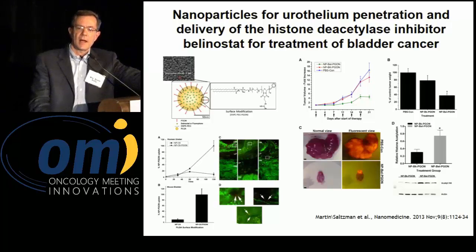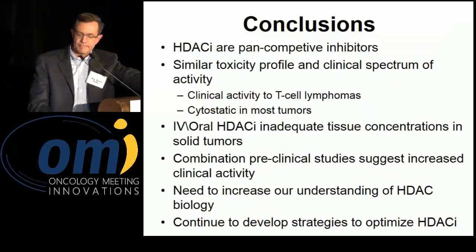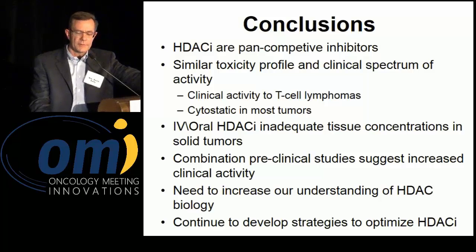Again, this may be optimized if you give it to superficial urothelial cancer, where you can give it intravesically, which can increase the concentrations of these agents. So what can we conclude? HDACs are pan-competitive inhibitors with similar toxicity profiles and clinical spectrum of activity.